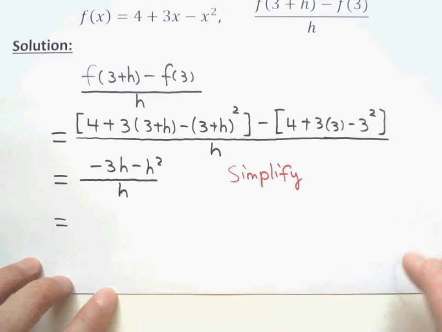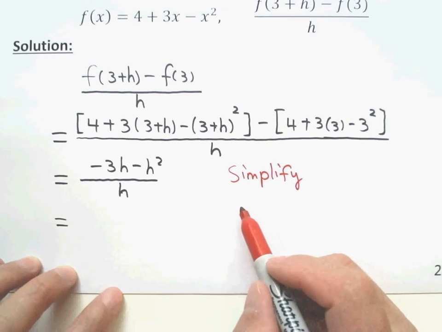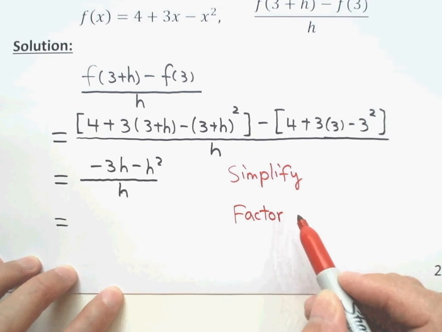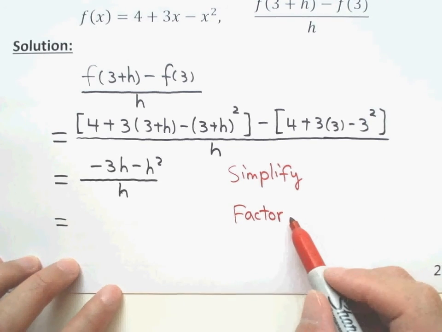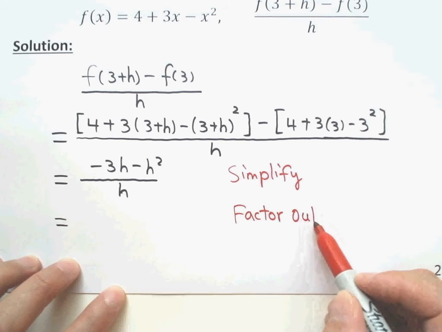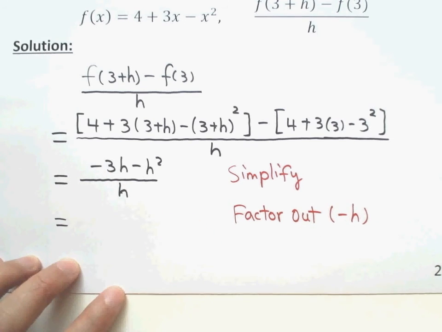After we simplify this bigger term, we get here. Now we can factor out h, negative h. So I factor negative h out.